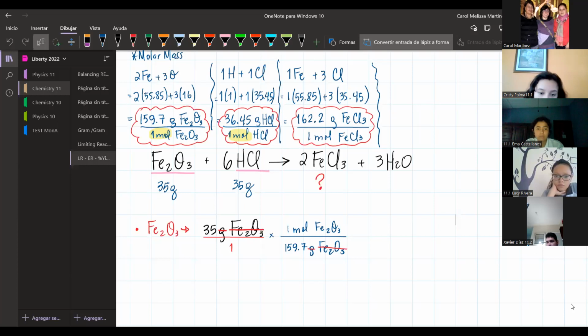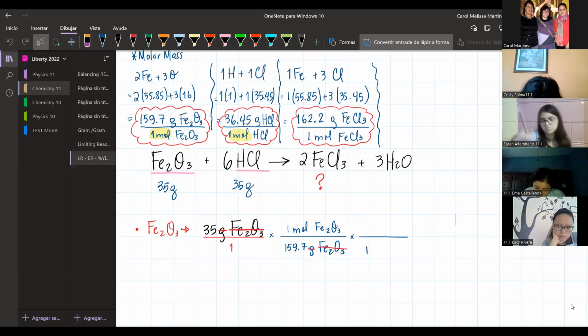From grams to molar ratio. My molar ratio between what? My molar ratio between iron 3 oxide and iron 3 chloride. That's the relationship I'm doing, okay? So how many moles of iron 3 oxide?